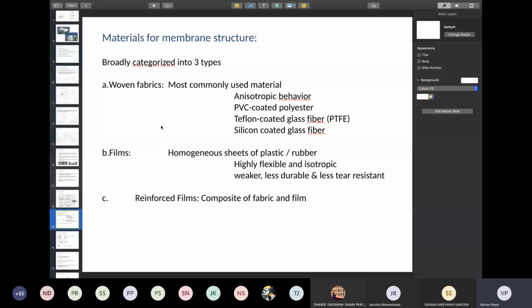So they are almost like films; they are homogeneous sheets of plastic. Whereas if you look at blue plastic very closely, they will have this fiber reinforcement within it. So they are composites of fabric and film structures. Whereas woven fabrics are conventional. What you use in cement bags, the modern day cement bags, is also a woven fabric.